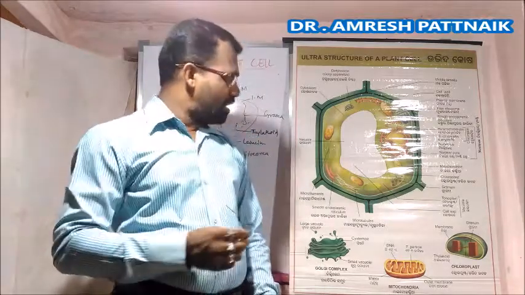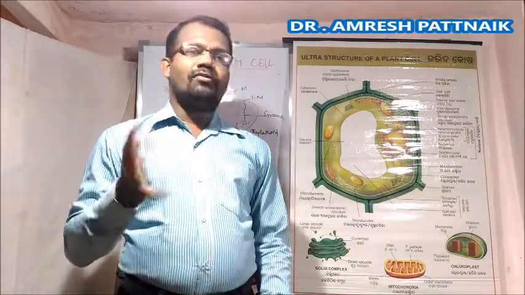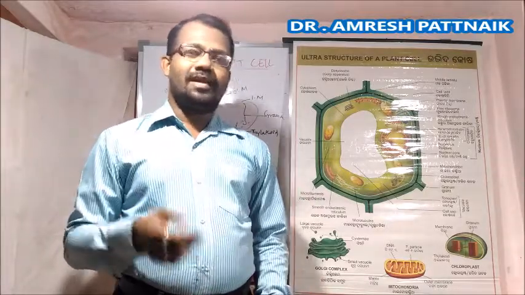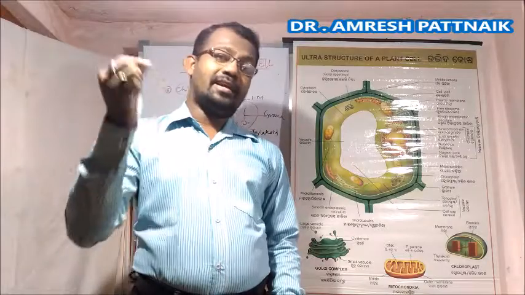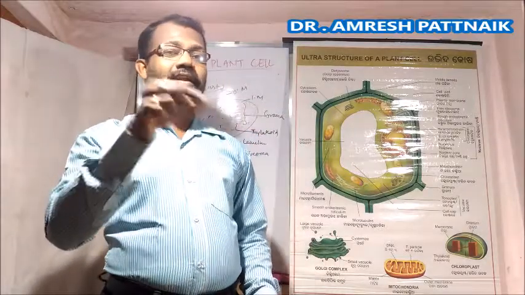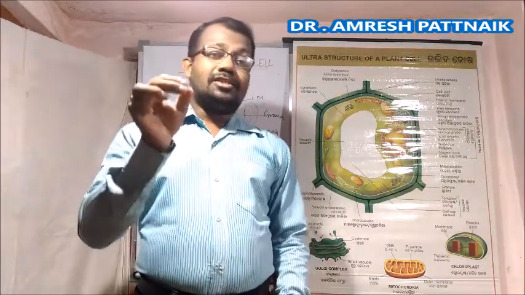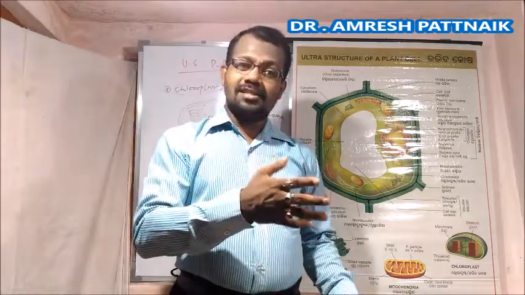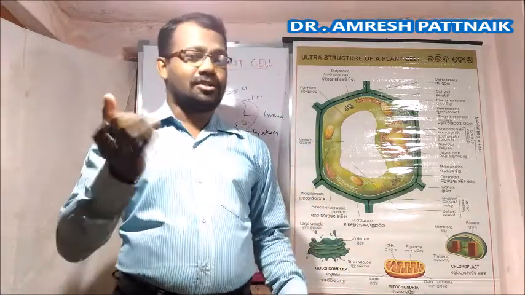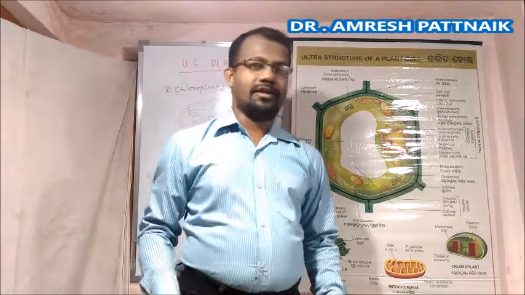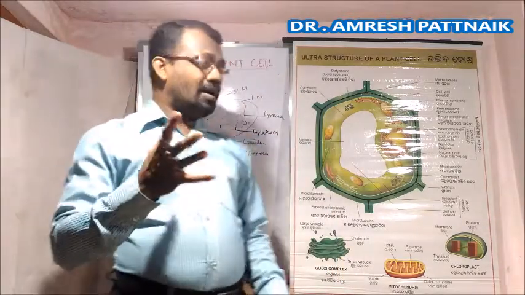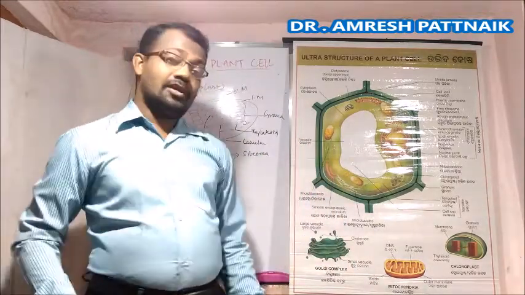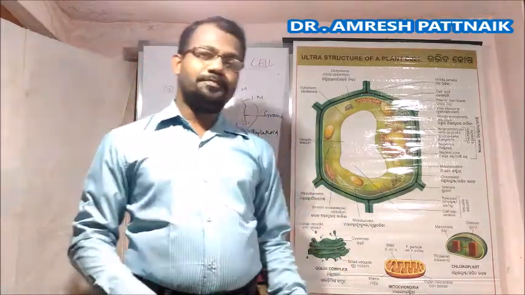Inside the cell we find the nucleus, inside the nucleus we find chromosomes, inside the chromosome we find DNA, and inside the DNA we find genes. So genes are the regulators by which the characters of parents are transmitted to the next generation, to the son or daughter, through these genes only. That's why the whole control and coordination is controlled by the nucleus. So the nucleus plays an important role here.